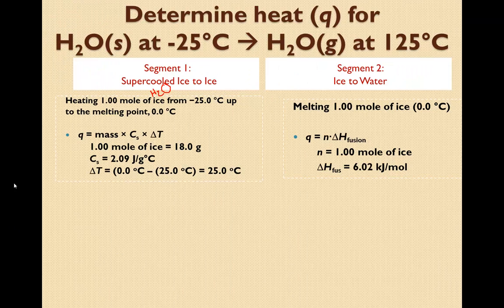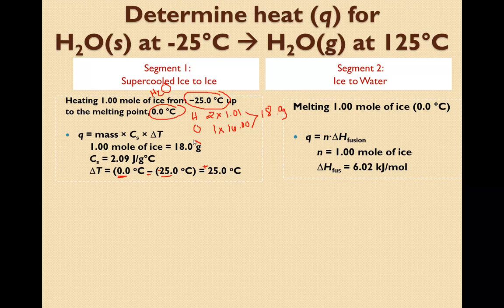The change in temperature is the final minus the initial, so 0 minus -25 is equal to +25. 1 mole of H2O on the periodic table is 2 times 1.01 and 1 times 16.00. That combined is approximately 18.0 grams. That's where they got this mass from.